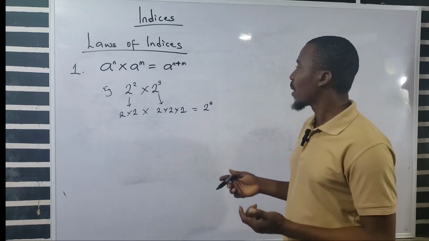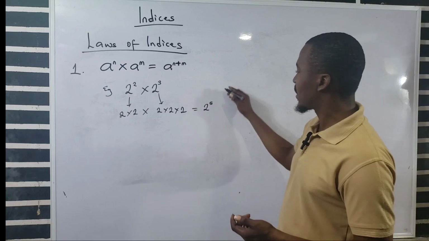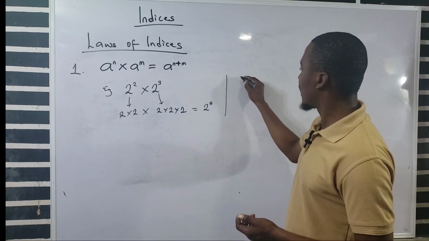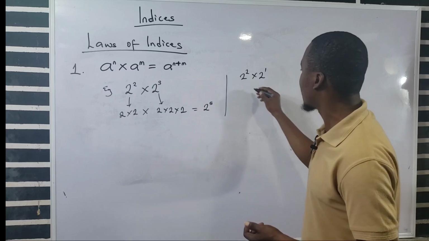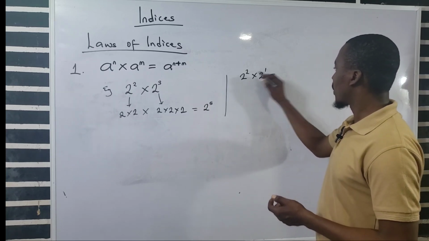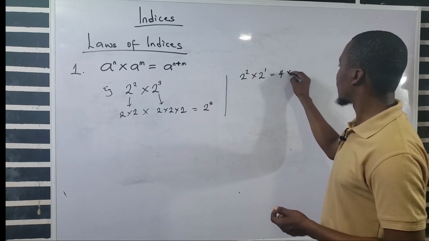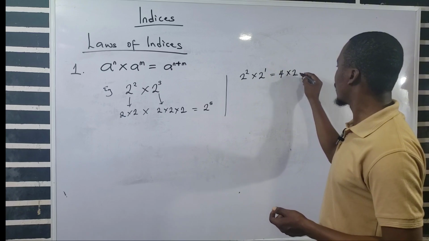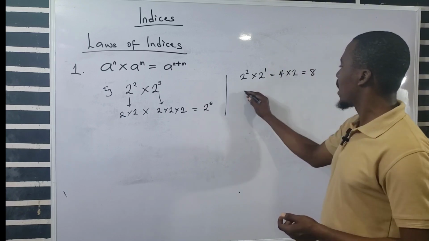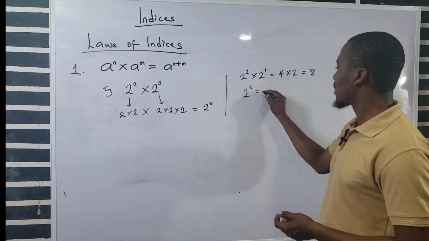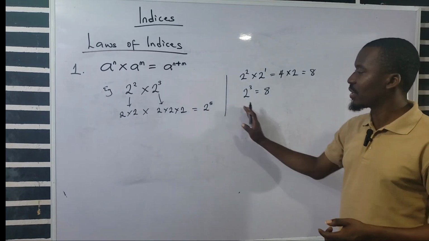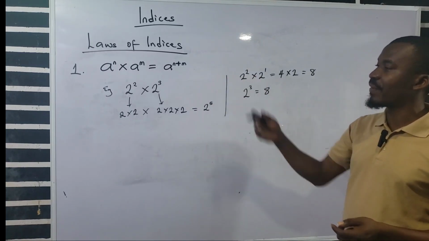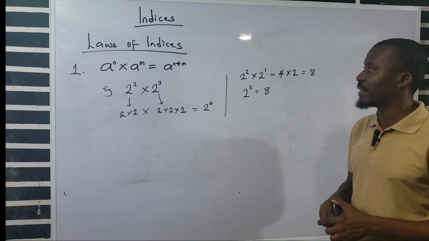Another way you can show that is, let's say, 2 raised to power 2 times 2 raised to power 1. 2 raised to power 2 is 4, times 2 raised to power 1 is 2, which is equal to 8, and 2 raised to power 3 is the same thing as 8. So either of these two can be used to verify the first law of indices.